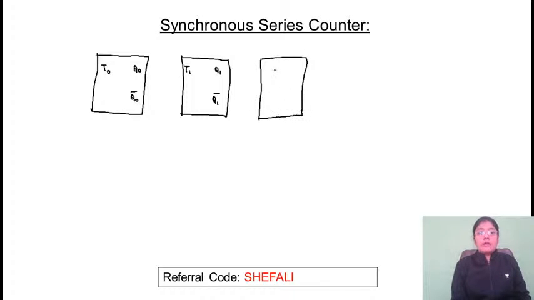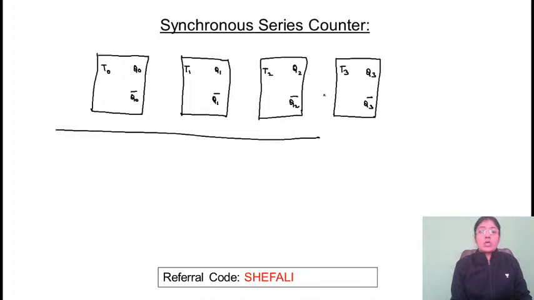Here I'm taking 4 flip-flops. So how many total states can be there? Write in the comment section. T3, Q3, Q3 complement.